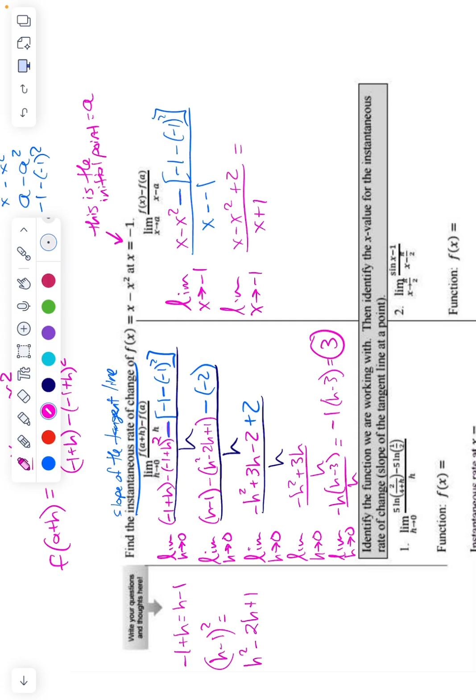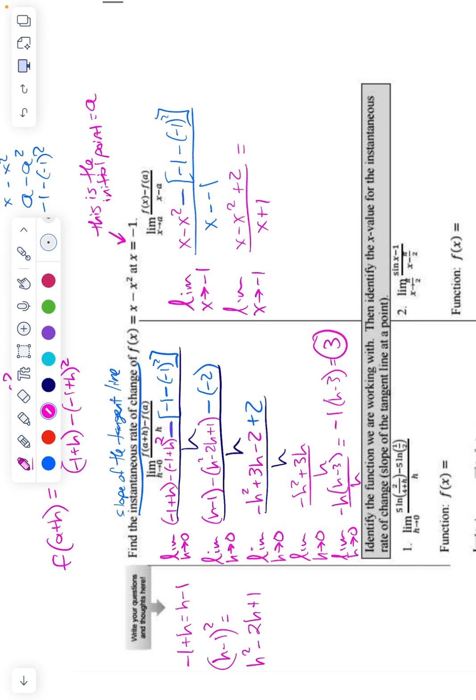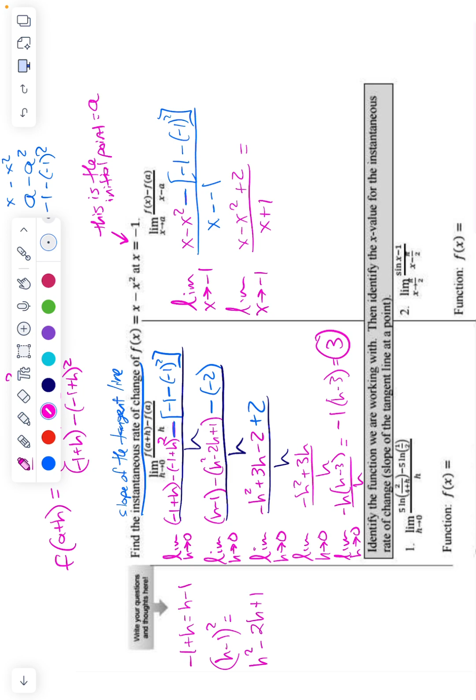What can we do in the numerator from here? Do you see how our limit currently is indeterminate, right? Go ahead. Factor, yeah. Now, it doesn't look like it's in the right order that we're used to, so maybe rewrite it. But we have -x squared.